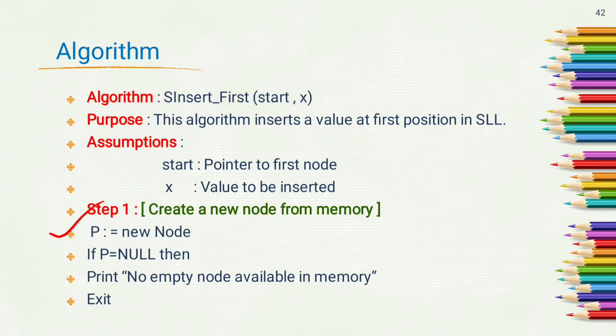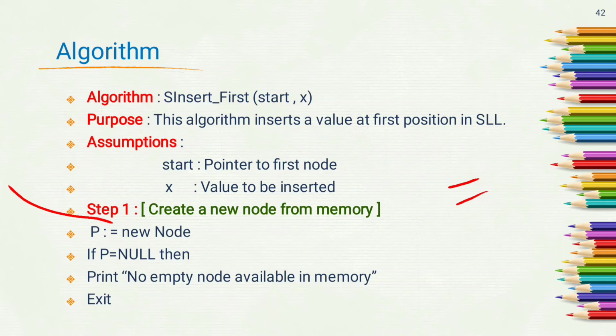As I told you, an algorithm is a step-by-step procedure to solve any problem. So to perform insertion of a node at first position in a singly linked list, the first step is to create a new node from memory. For this we have to write p colon equals to new node. Here I have written p colon equals to. There are two types of equals to operator. First is the assignment operator and second is the comparison operator.